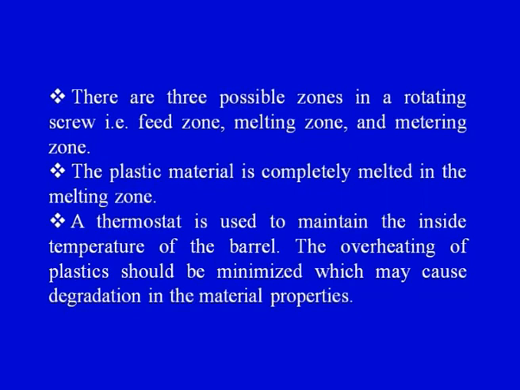There are 3 possible zones in the rotating screw. The rotating screw also has its length, and in that length we can have different zones like the feed zone, the melting zone and the metering zone. The role of the screw in the feed zone is to feed the material in the barrel towards the die. Second is the melting zone.